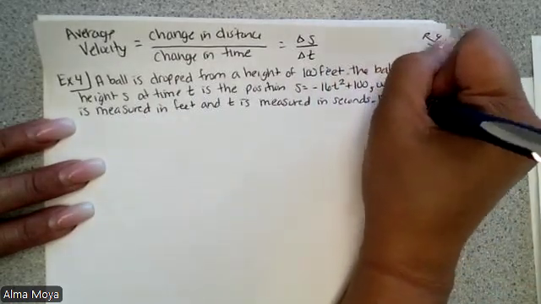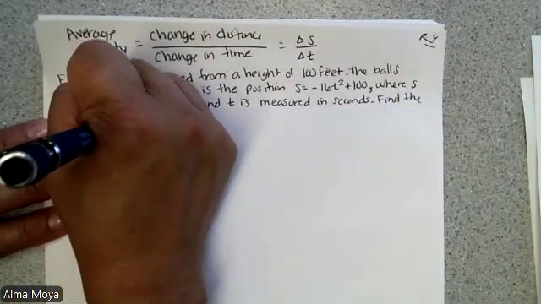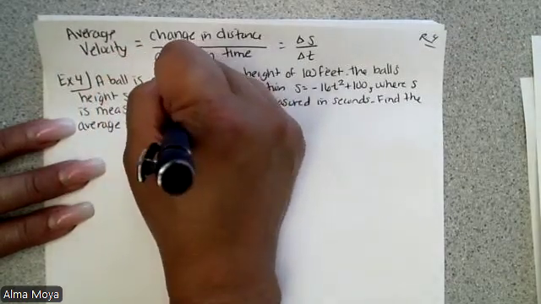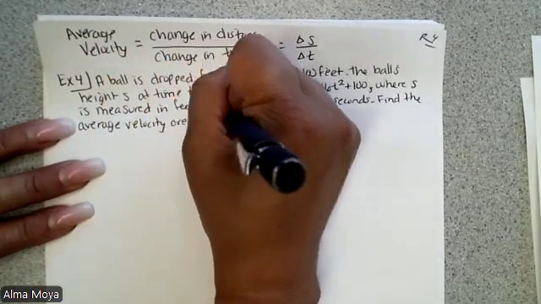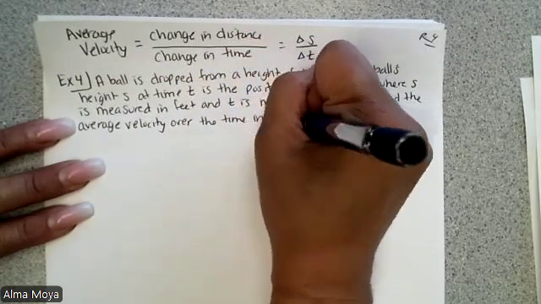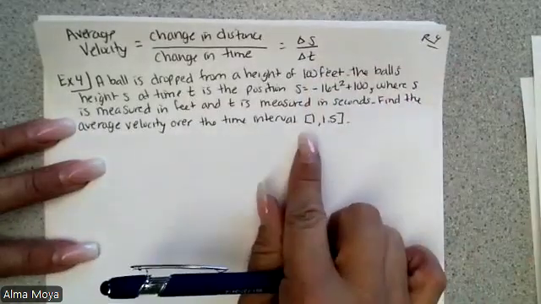We need to find the average velocity over the time interval 1 to 1.5. Now, no, I said interval.